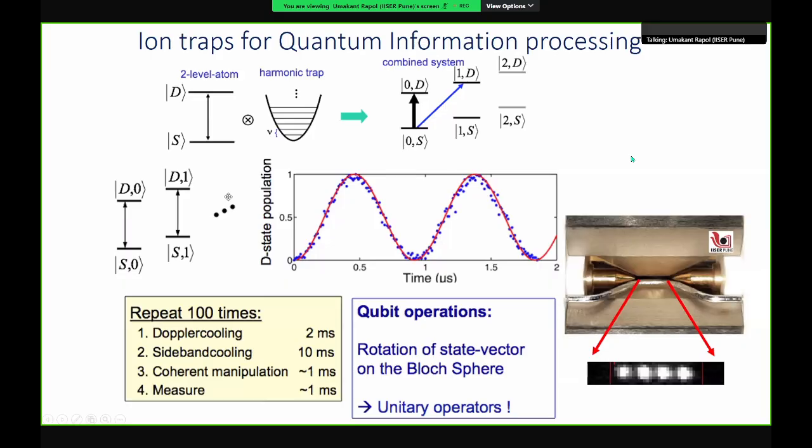Now, the way you do single qubit manipulation is if you shine light on this S and D transition, then if you look at the physics of a two-level system, you are basically going to drive Rabi oscillations on this S and D transition.